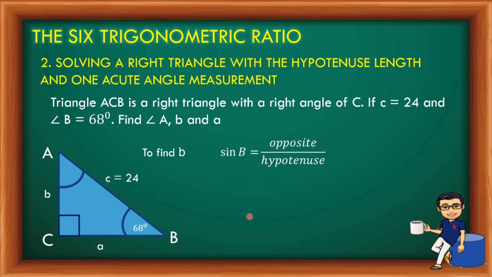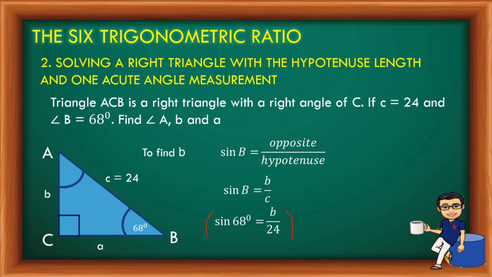So, then afterward, isa-substitute na natin ang opposite ay B, ang hypotenuse ay C. So, substitute lang natin para we are particular na itong B ay ito at yung C pwedeng palitan ng 24. Siyempre, ang angle B which is sine B ay pwedeng palitan ng 68 degrees. Okay, so after getting that, ang next natin gagawin, dahil we are looking for the value of b, pwede na ngayon natin i-multiply both side.